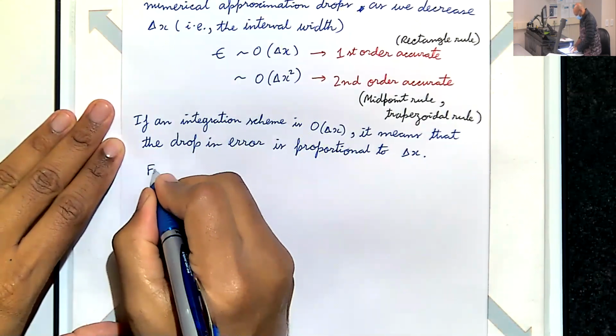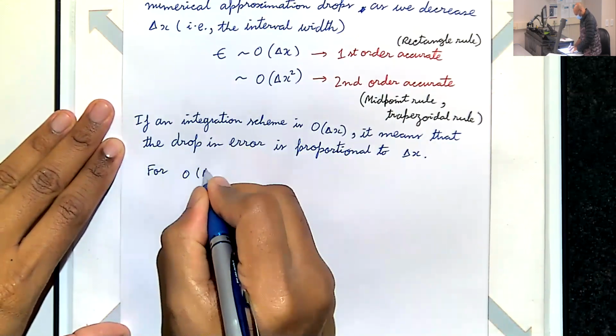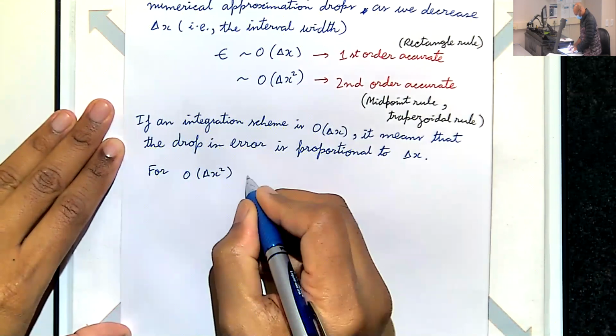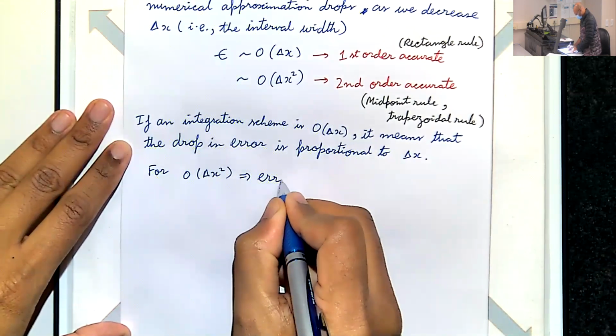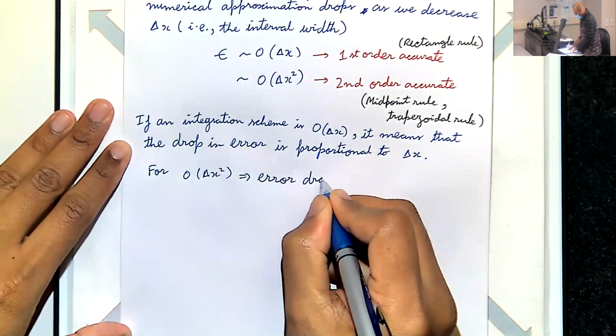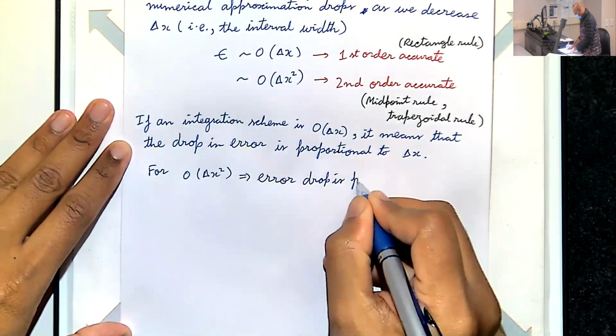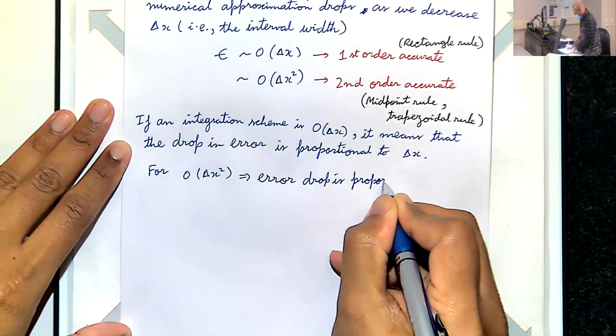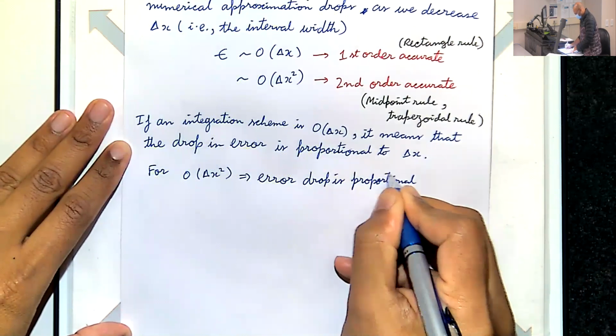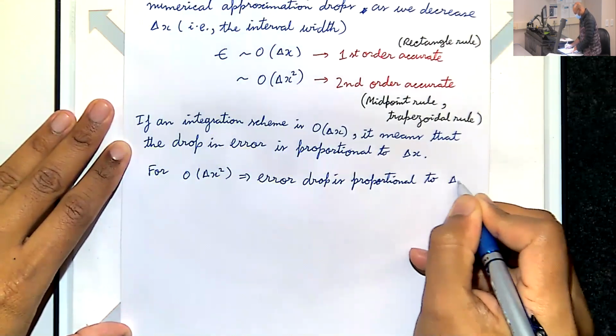And for order delta x squared, the error is proportional to delta x to the 2.